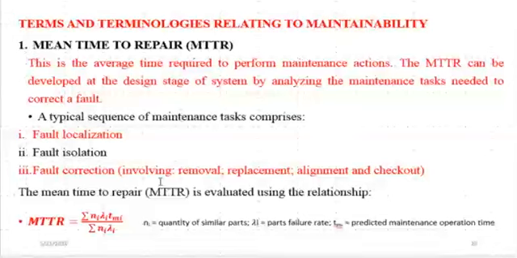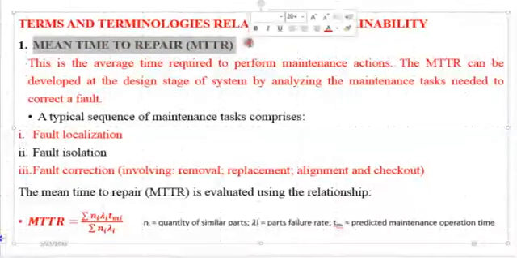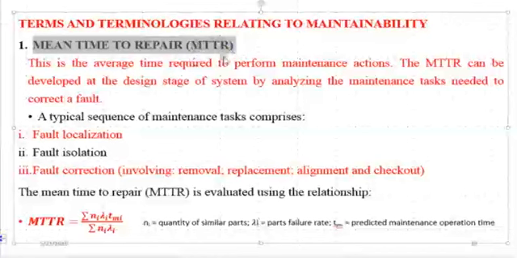Then we come to a segment where we are going to discuss some terminologies that are related to maintenance, related to maintainability. We have done this under reliability. The first term is called the mean time to repair. The mean time to repair of any device is the average time required to perform a maintenance action.